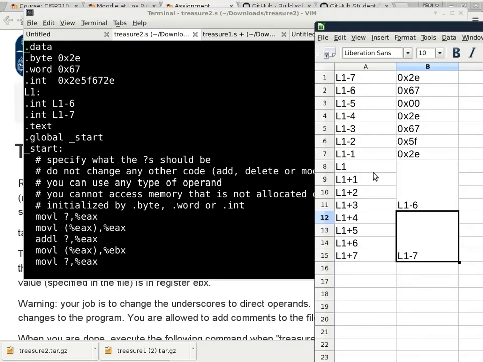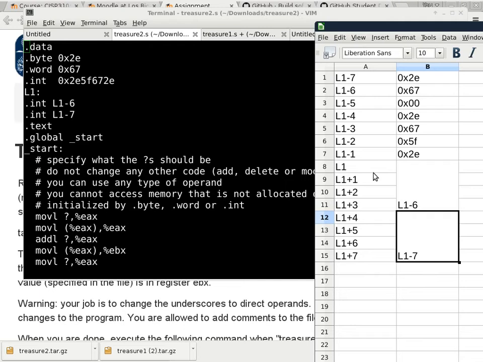So I have already done some portion of your homework assignment, because the layout of memory is identical to treasure 1. How many people somehow ended up with a representation like that, either on a piece of paper or, okay. So that's basically what you need to look at in order to understand, oh, okay, we need to copy this byte to here, but how do I get to that part?